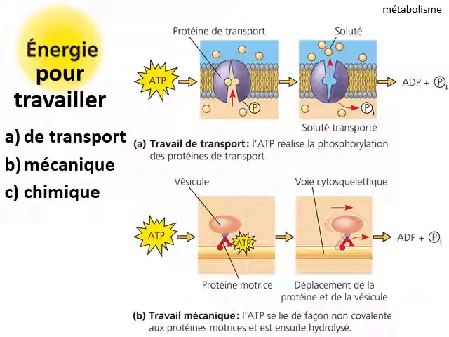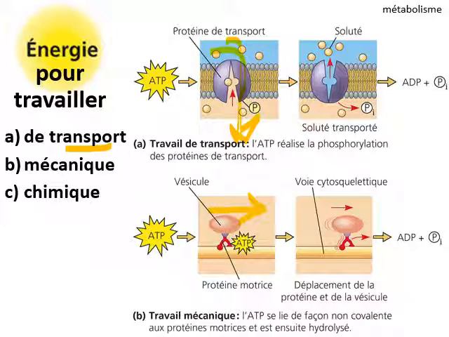This energy is used for our metabolism, or the work that our bodies do to survive. It is used by cells to transport molecules across the membrane. It's also used for mechanical work, like what makes our muscles move.